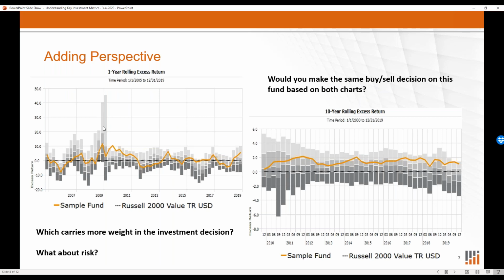The next page brings all of this together, and it uses an example. What we're looking at on the slide is an actual fund that Plan Pilot has vetted, and it's a fund that we implement in many of our clients' plans. And what we have here are two charts that we certainly look at on an ongoing basis related to this fund and others, as well as during our original assessment of any investment product, including this one.